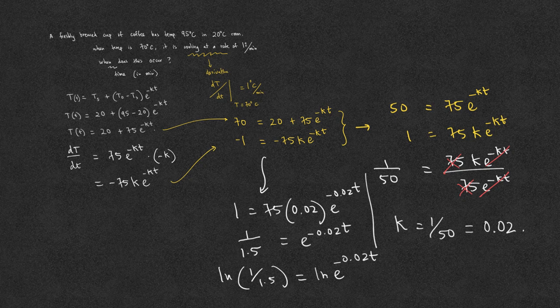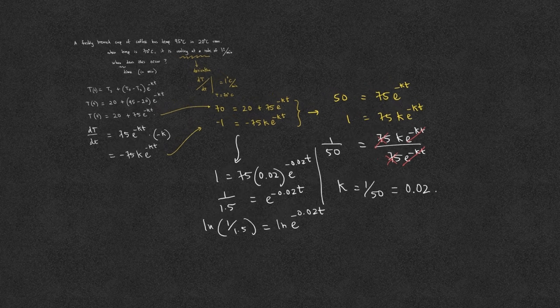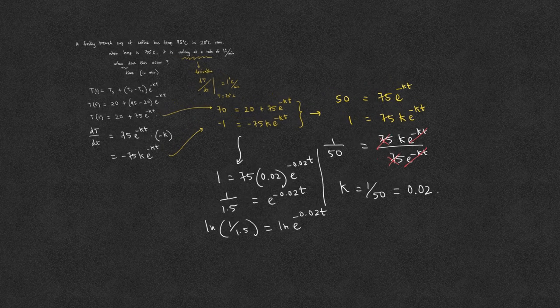The reason we want to take ln of both sides is because we want to get t to the front of ln. And so ln of 1 over 1.5 equals negative 0.02t ln of e, but ln of e is 1.